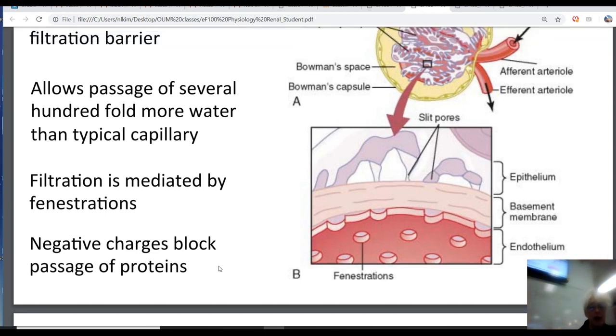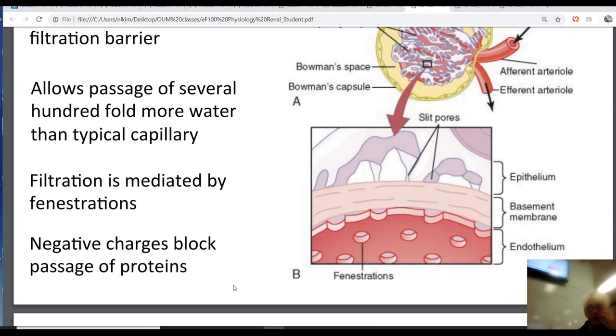Negative charges block the passage of protein. Proteins are also negatively charged, so similar charges will be blocked. If it was positively charged, it would not block them.